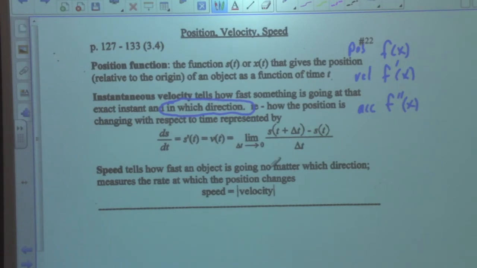If there's one thing I need you to remember from this section, it is that speed is the absolute value of velocity. That's going to come up on tests, so that has to be with you.